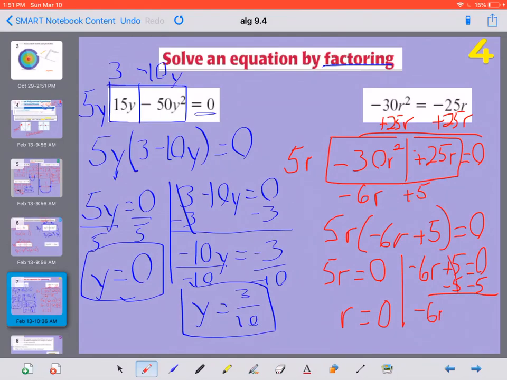We get negative 6r equals negative 5. Divide by negative 6, and we get r equals a positive 5 over 6. So our zeros are 0 and 5 over 6.